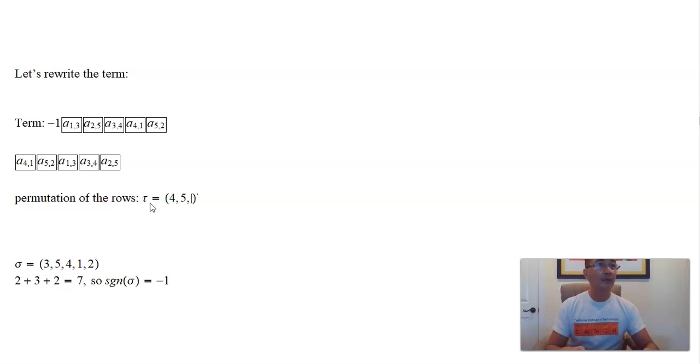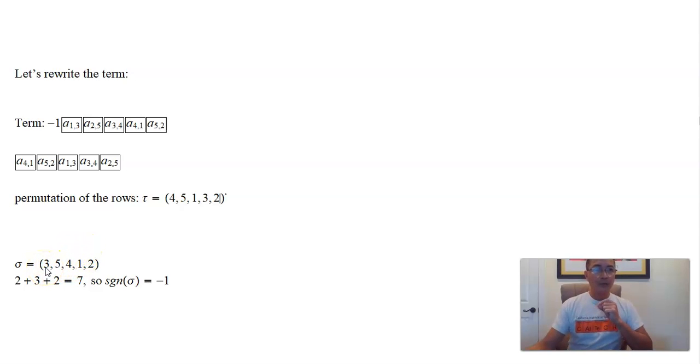That's 4, 5, 1, 3, 2. I saved the sigma that we got from our previous computation. How is this tau related to sigma? It's not very obvious, is it? But let me point it out to you.